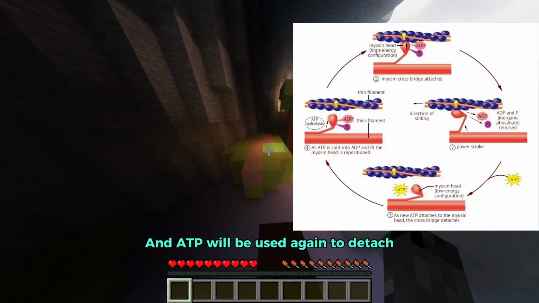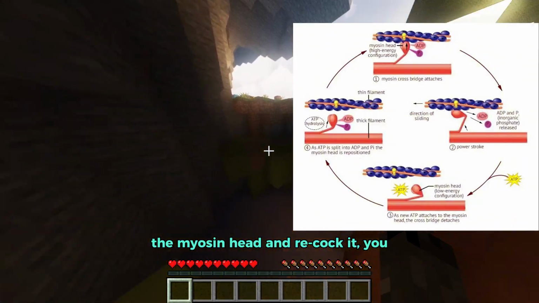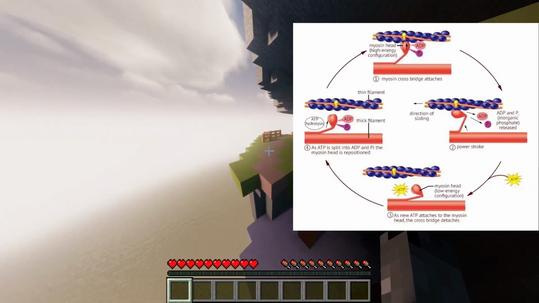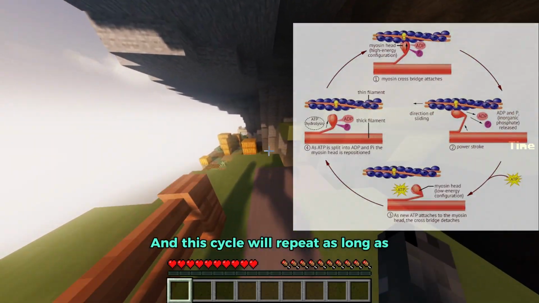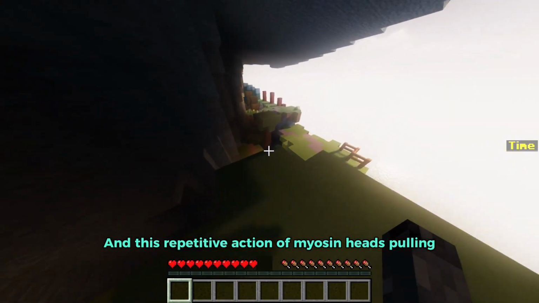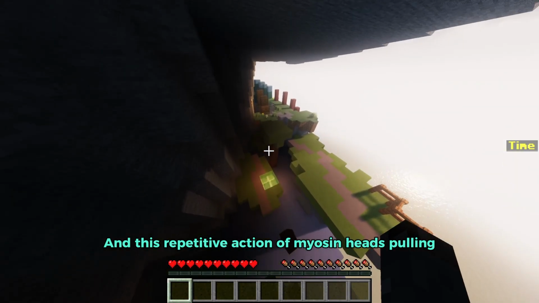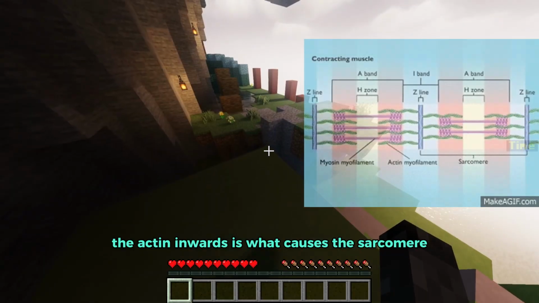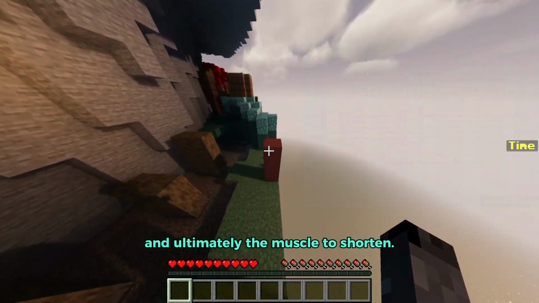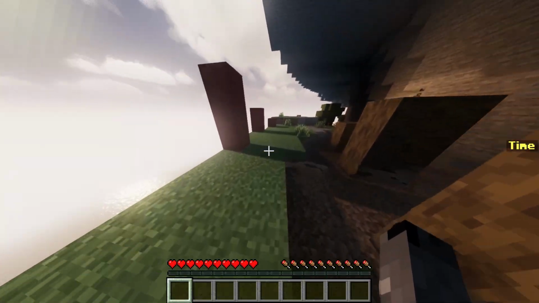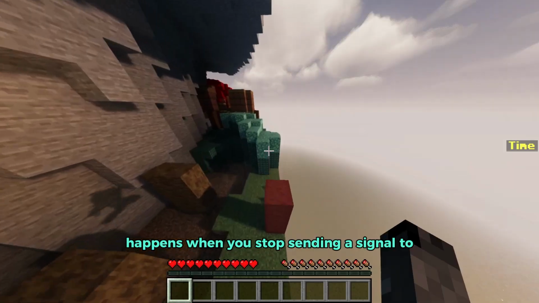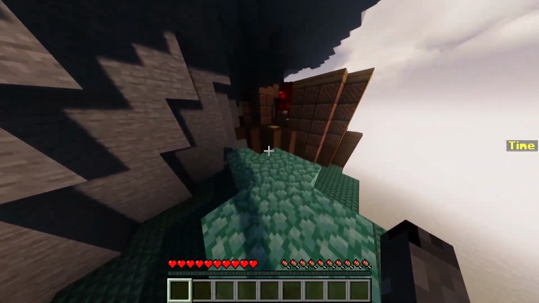And ATP will be used again to detach the myosin head and recock it, put it back in position, and this cycle will repeat as long as calcium and ATP are present. And this repetitive action of myosin heads pulling the actin inwards is what causes the sarcomere and ultimately the muscle to shorten.